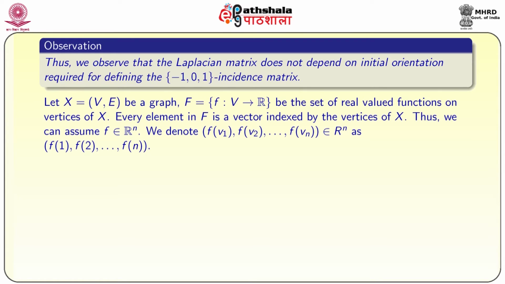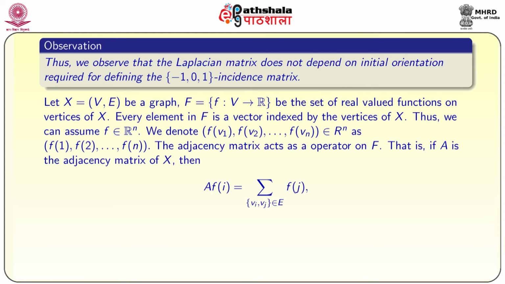We denote f(v1), f(v2) and so on, f(vn) as f(1), f(2) and so on, f(n). That means we can think of f as a mapping from 1, 2, 3 and so on to n to real numbers.